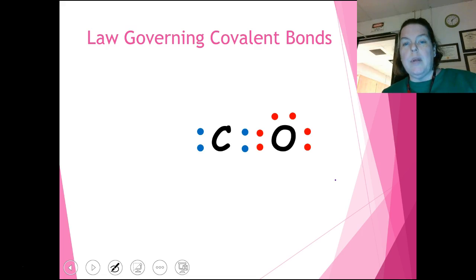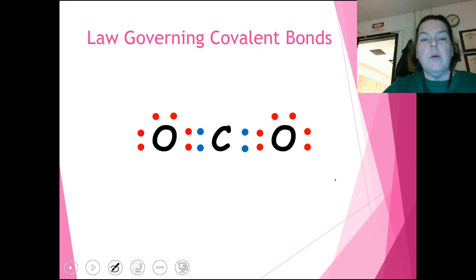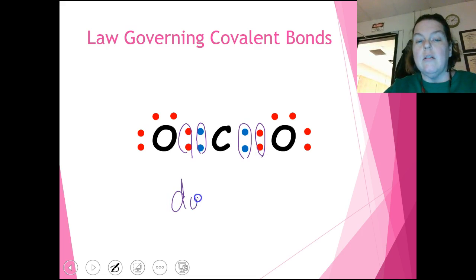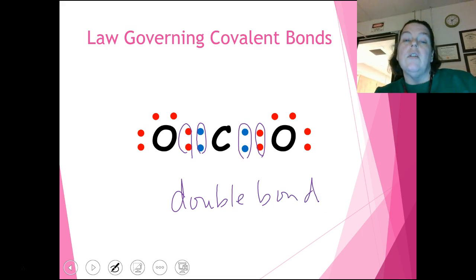So what we see happening here in the end is this idea. So now we see a pair here, a pair here, a pair here, and a pair here. So each of these are considered to be double bonds because there are 2 pairs of electrons being shared. So we have 2 double bonds in this carbon dioxide.